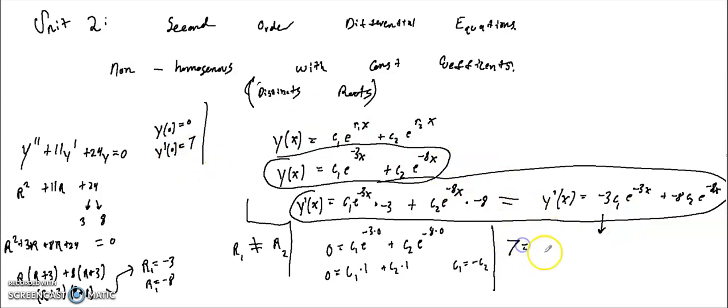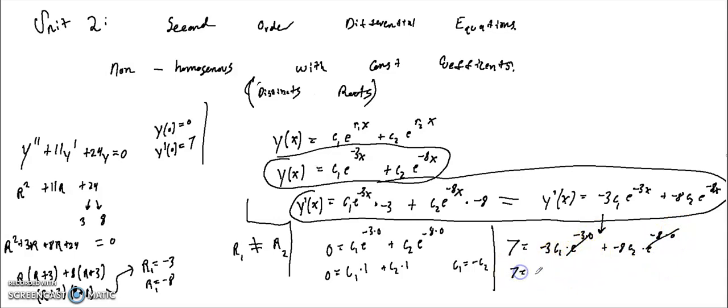So 7 equals negative 3 c1 times e to the negative 3 times 0 plus negative 8 c2 times e to the negative 8 times 0. And that's just 1.